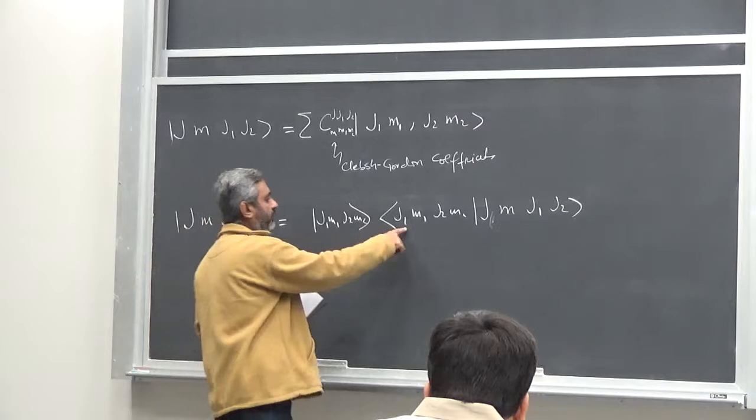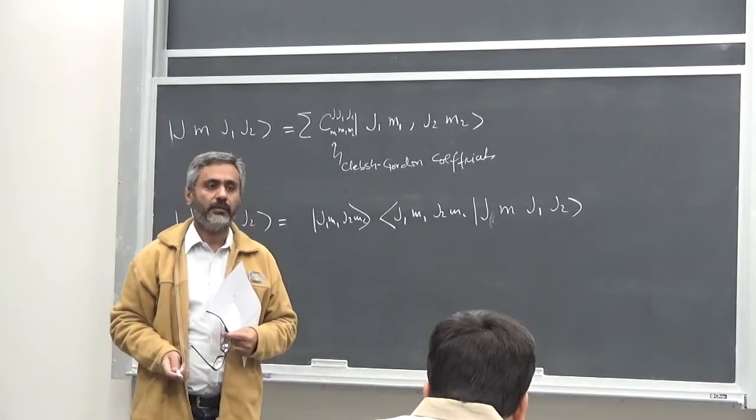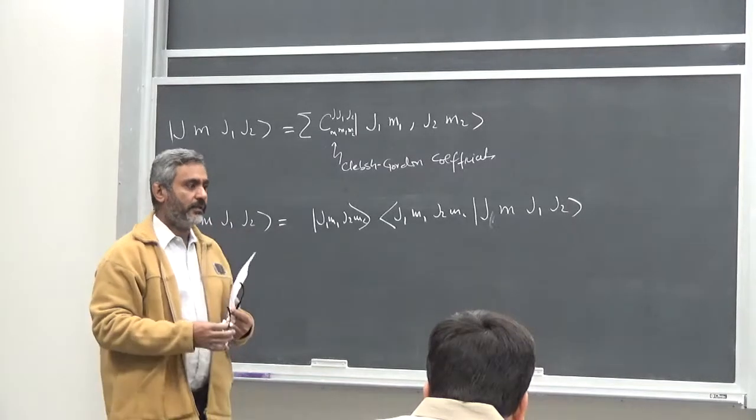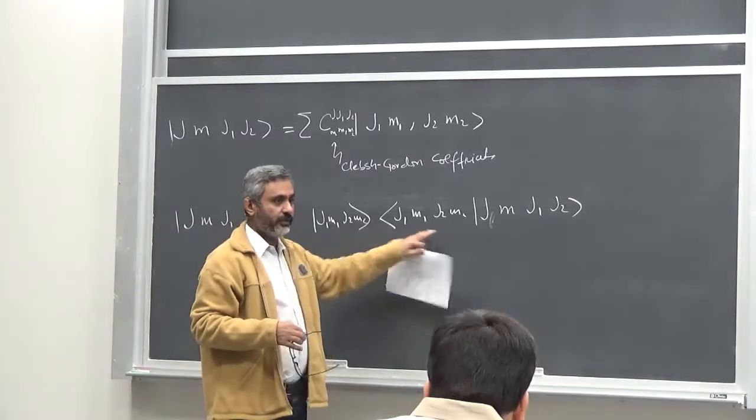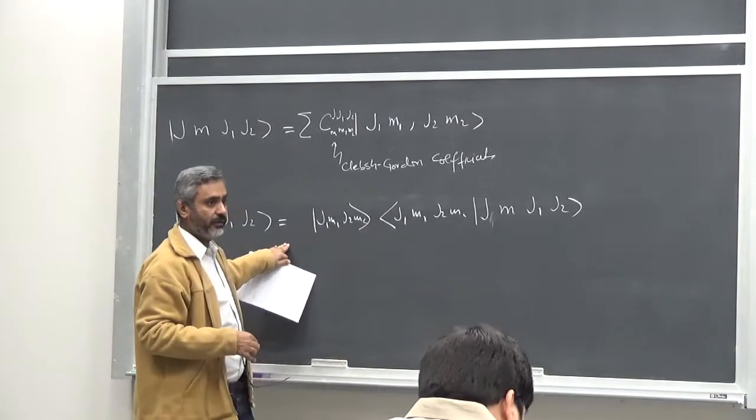J1 and J2 are given, they're fixed. This is supposed to be 1.